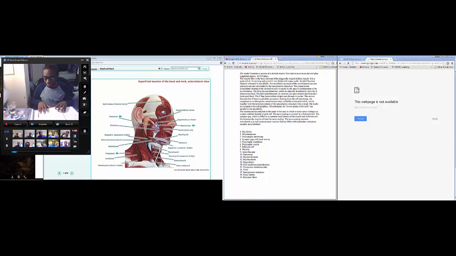Now, the problem is we've got to remember that there are actions that deal with all of these muscles, and I actually need to find these actions.